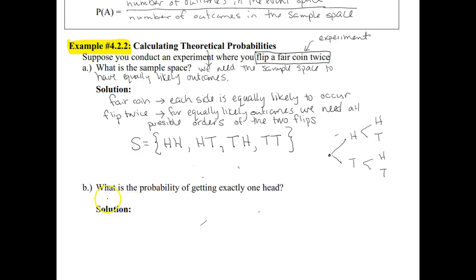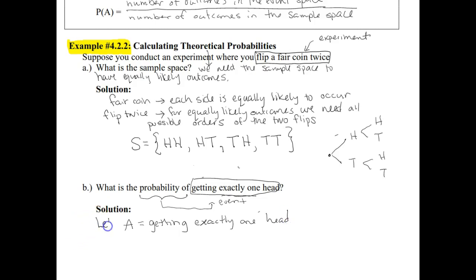All right, so then the next one asks us for the probability of getting exactly one head in that flip. So here's our probability of, and then usually what follows those words is our event. So our event, we call event A, some capital letter, is going to be getting exactly one head.